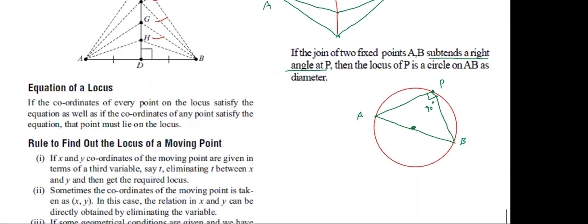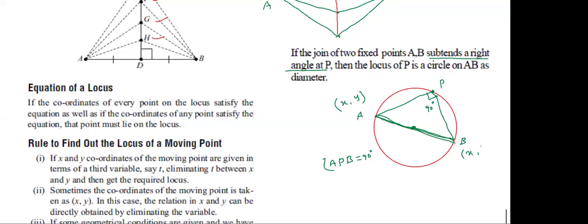So angle APB is a right angled triangle. Then here AB is the hypotenuse of the triangle, and the locus of P is a circle with AB as a diameter. Okay, if the end points of a diameter are given, how to find the equation of the circle?